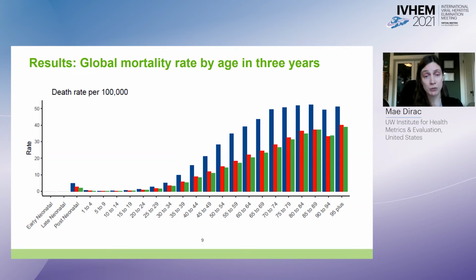And blue shows the death rate in 1990, red shows the death rate in 2015, and green in 2019. We see that every age group experienced improvements in HBV-related mortality over the period of our estimation, and there are small improvements in mortality rates between 2015 and 2019.